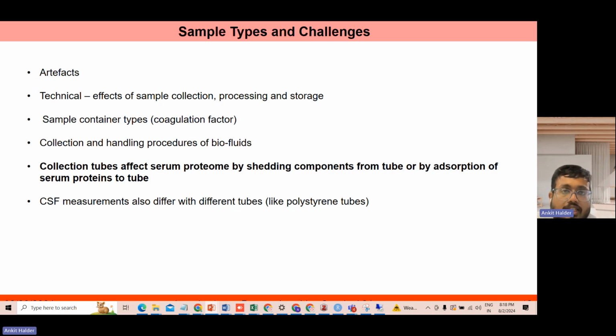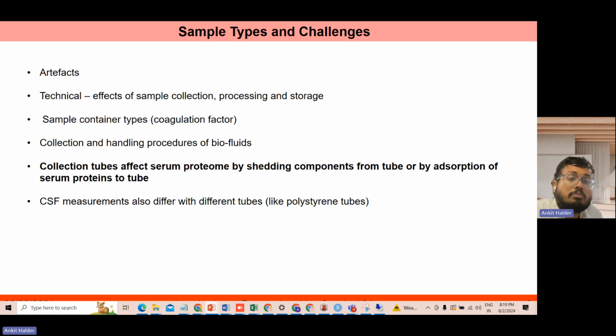If your proteins have certain charges and the surface of the tubes is not neutral, then what will happen? It will absorb the proteins to the tube, or it will shed certain components. So this will lead to technical artifacts.